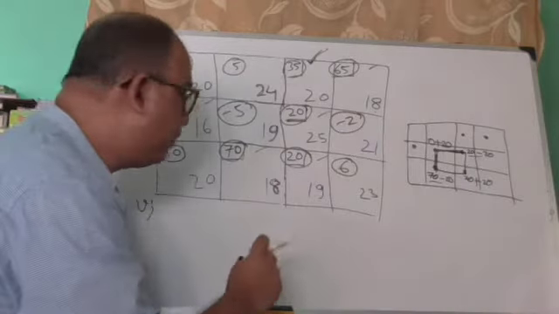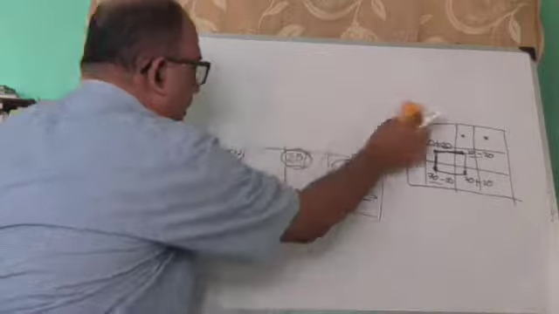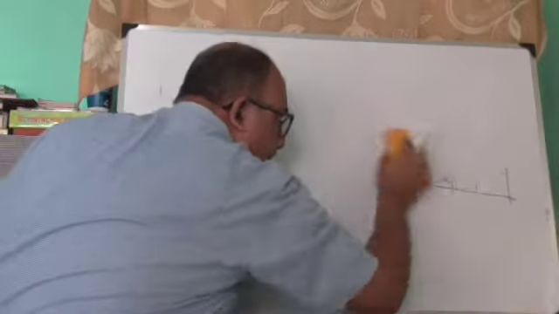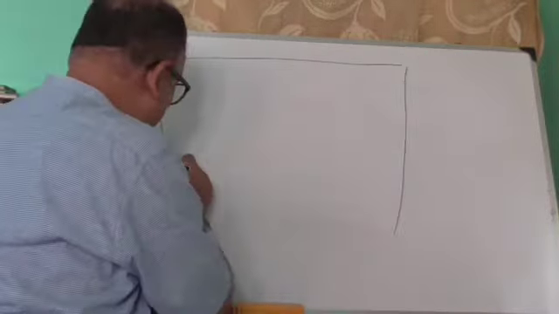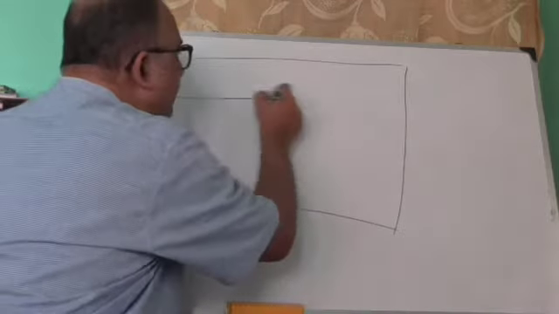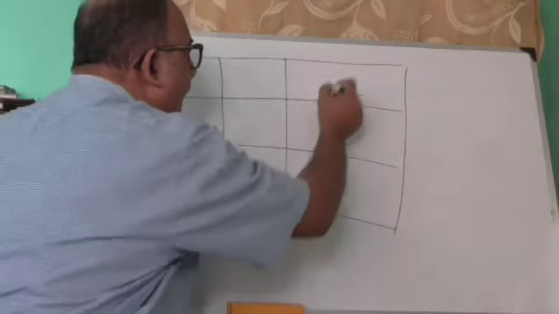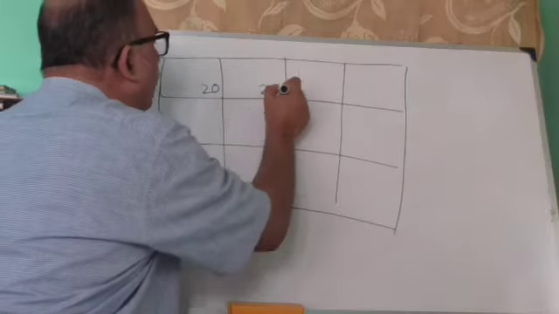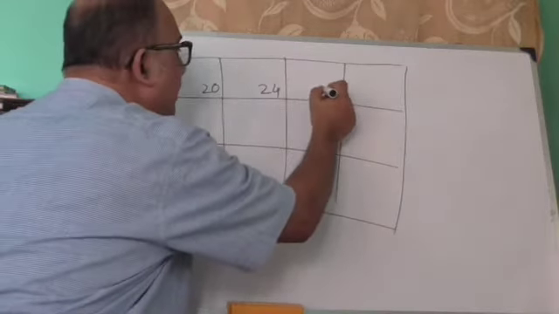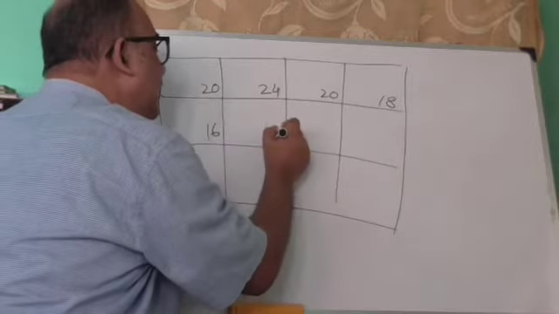So the new improved solution becomes, let's write the table again in a fair way. After the new allocation, the new allotment becomes, the values are 20, 24, 20, 18, 20, 16, 19.